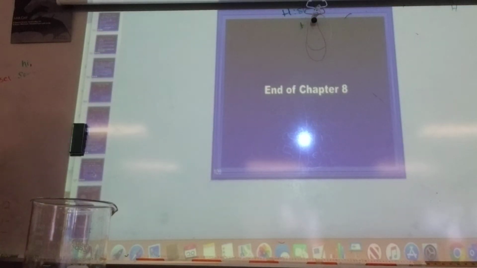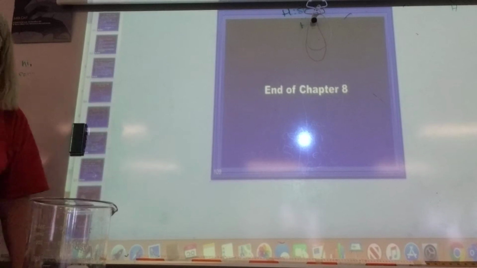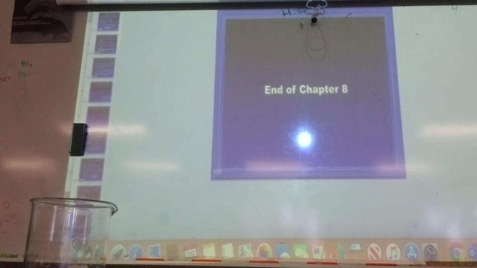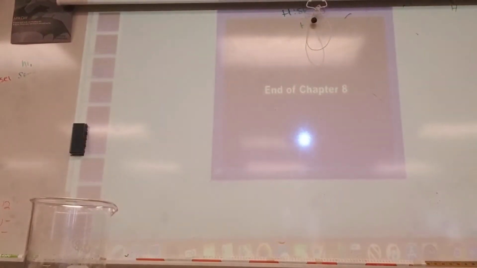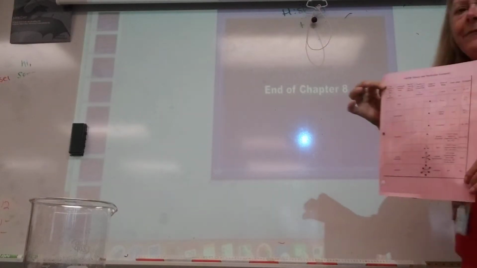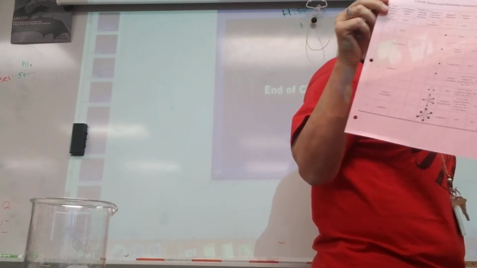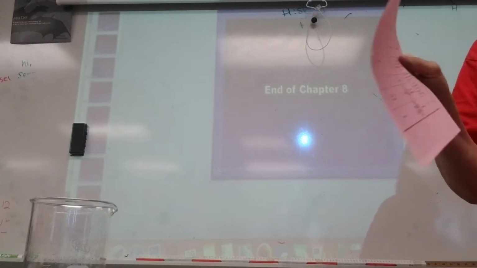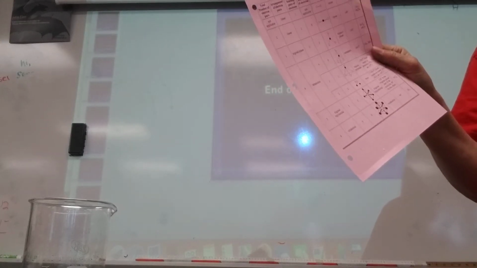Okay. Next, we're going to talk a little bit about this pink sheet and how you can use it. Look with me on the front side, please. This side. If you have a diatomic molecule, 2 atoms, what is the only possible shape? What is the shape that connects 2 points in space?